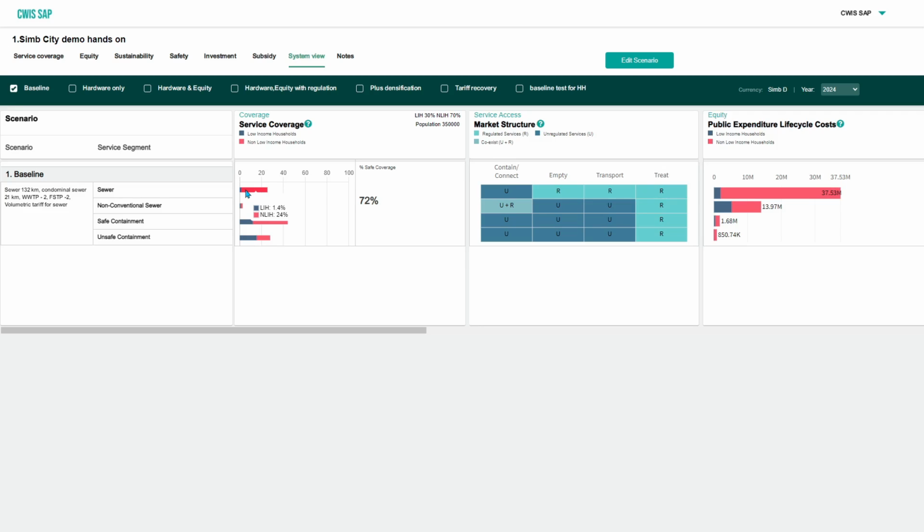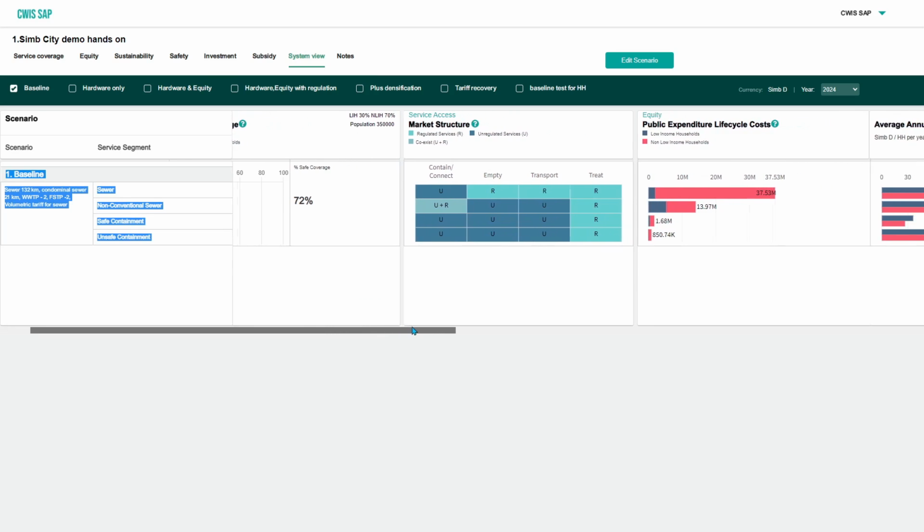The majority of the low-income household population of the city, that is the blue bar here, relies on the unsafe containment. This metric is used to understand the safe coverage and also who gets served by each of these hardwares. Also, the safe coverage is arrived at based on the service levels of the sanitation at the containment level.